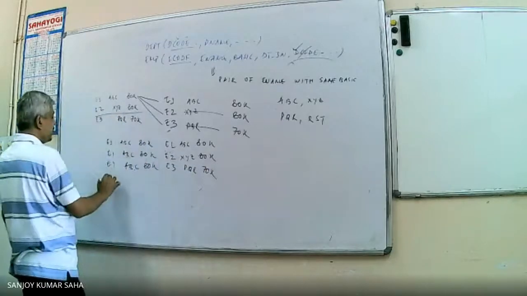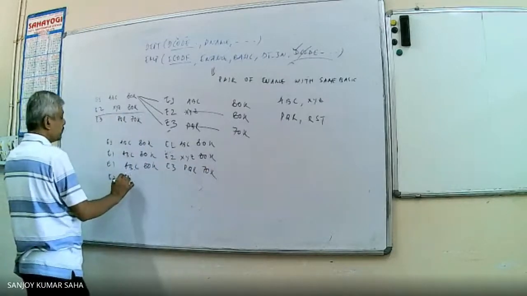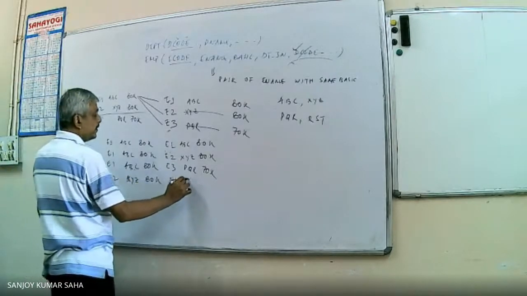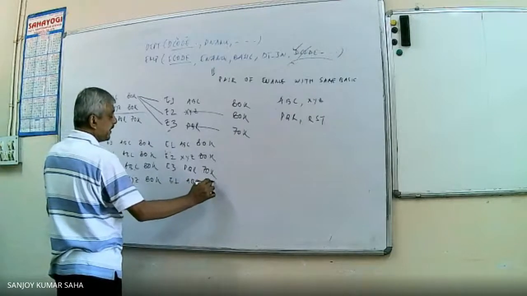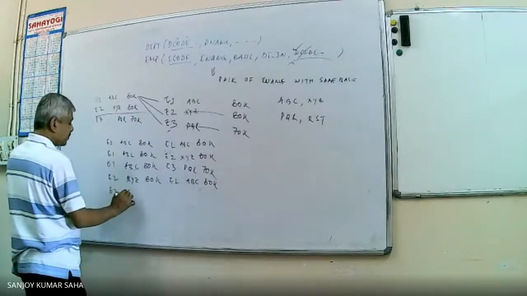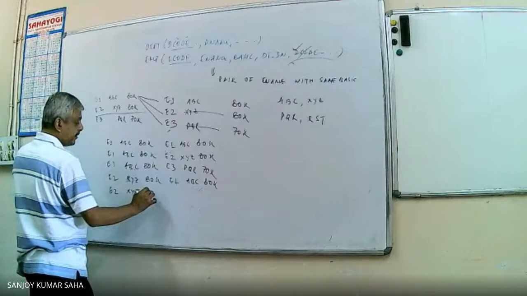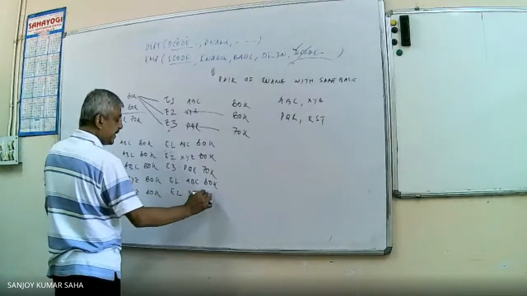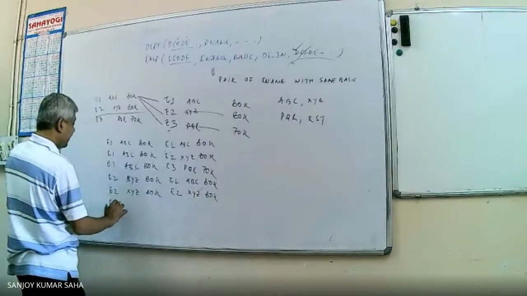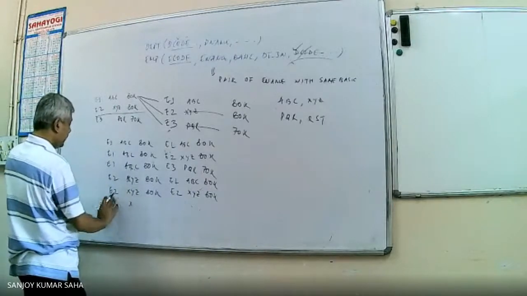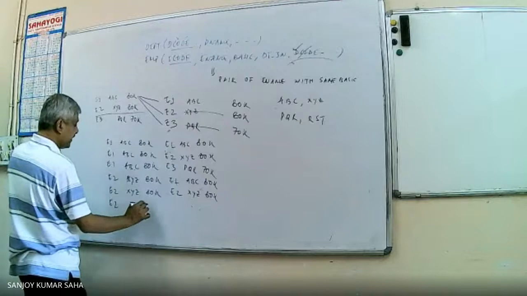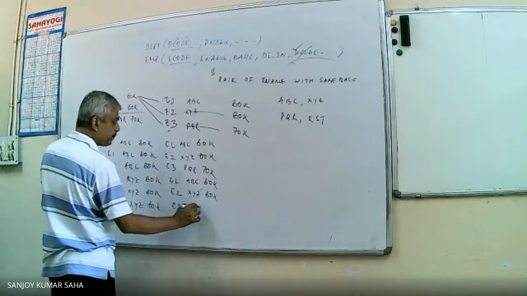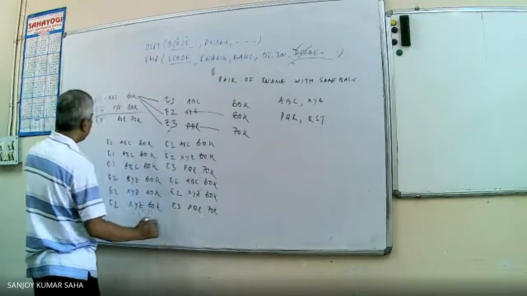Then think about E2. E2 XYZ 80K combines with E1 ABC 80K, with E2 XYZ 80K, and with E3 PQR 70K.